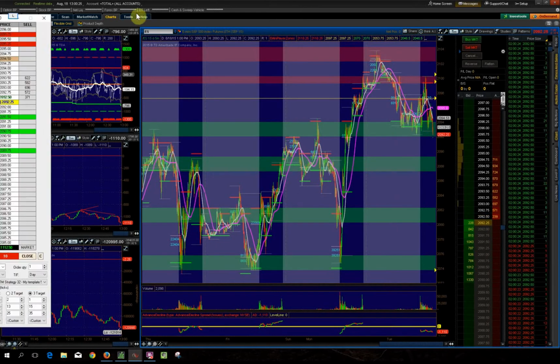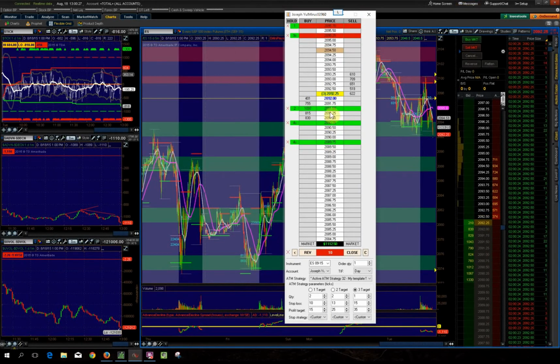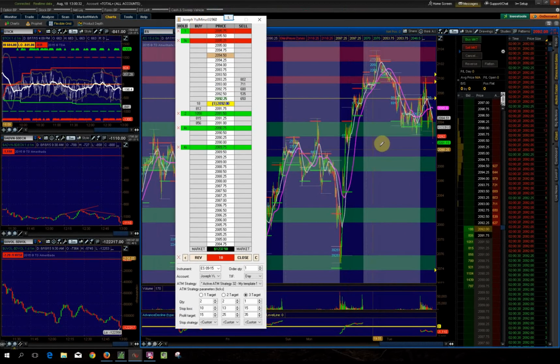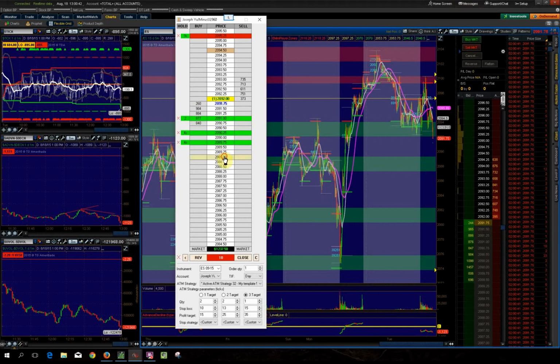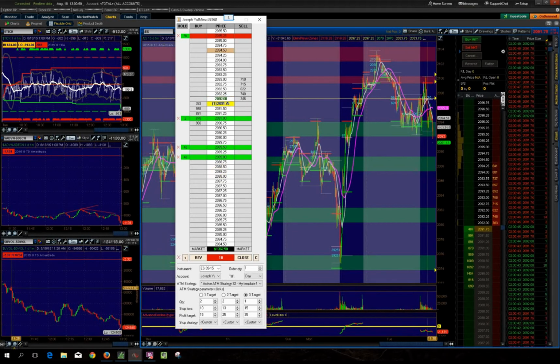Right now I'm 10 contracts in, looking for at least the initial target, probably into this 90 range. It's already about to hit it right there. So I'm going to go ahead and take some profit here, probably at the 92.